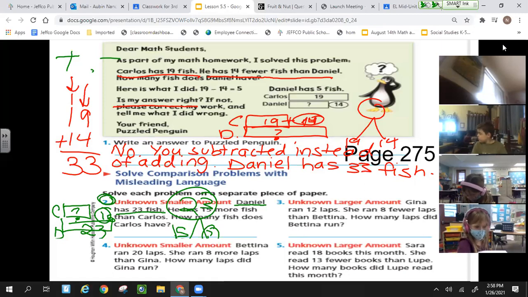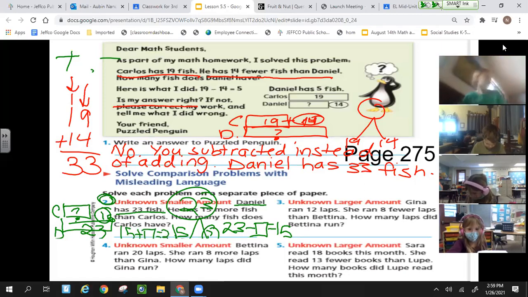So what you can do is first you can just add a 5 to 15 to make 20, and then add 3 more, and you'll get 23. Okay, so he's thinking 23 minus what equals 15? Or 15 plus what equals 23?